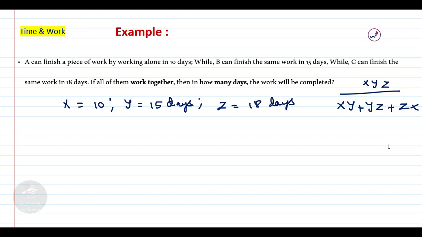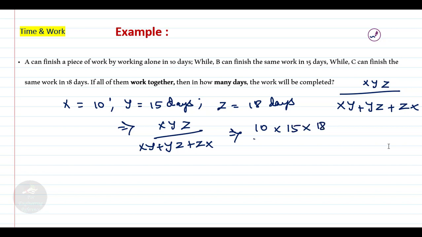So we can simply substitute in the formula. Just for substitution we can do here, which is 10 into 15 into 18 divided by x into y. X into y is 10 into 15, plus y into z, 15 into 18, plus z into x, which is 18 into 10.